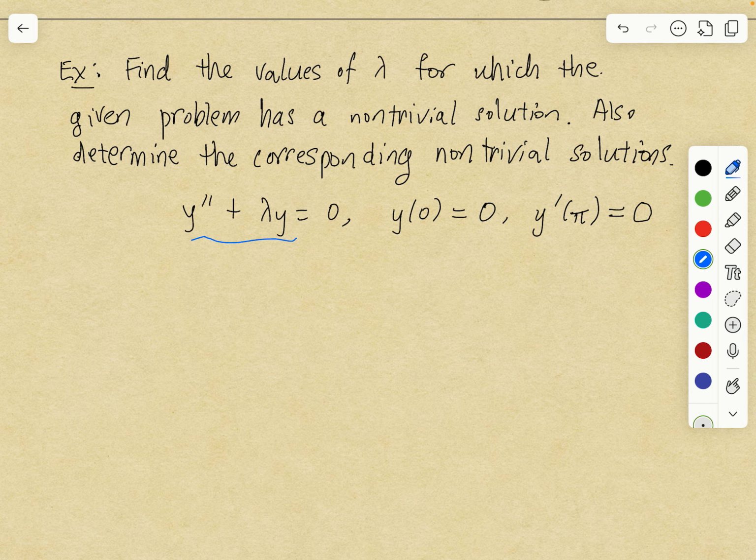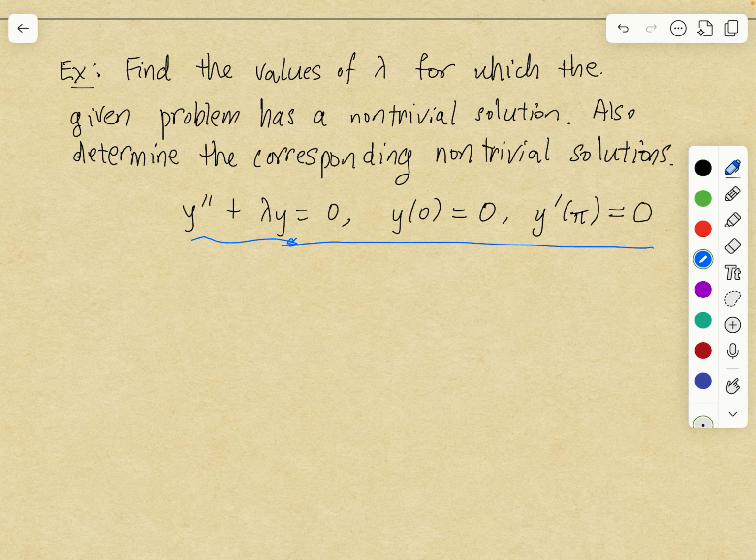They tell you the value of y at 0, but at pi they tell you the value of the derivative and not the original function. So we want to find what numbers lambda make this boundary value problem have a non-trivial solution.